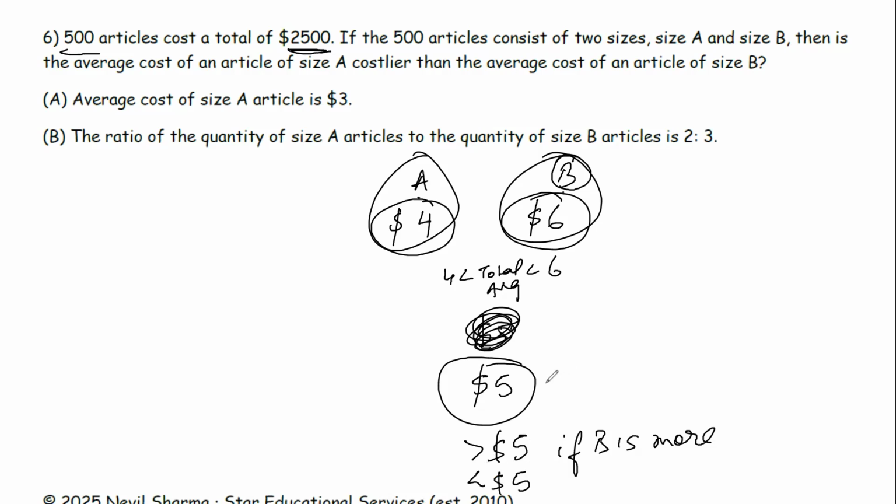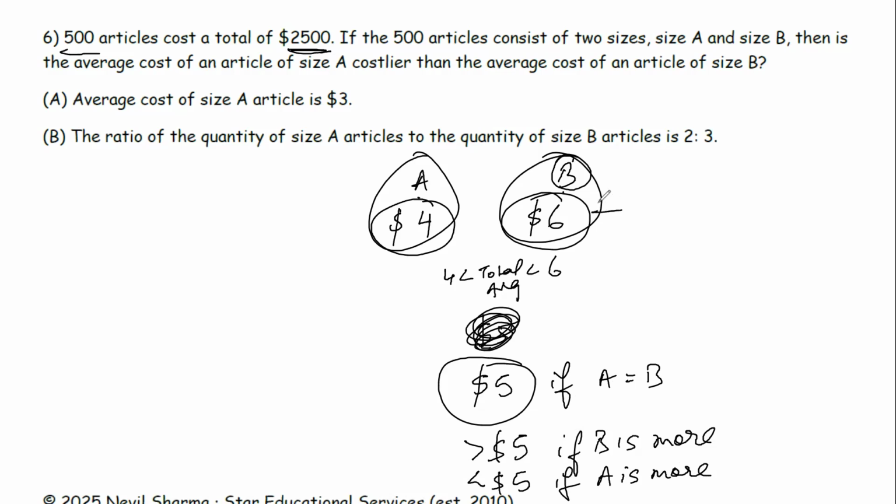So this is $5 if quantity A is equal to B. All right. Not size A and size B. I'm talking about quantity of size A and quantity of size B are equal. Then if B is more and if A is more, so understand this to be not size B, but the quantity of size B is more than, be greater than 5.